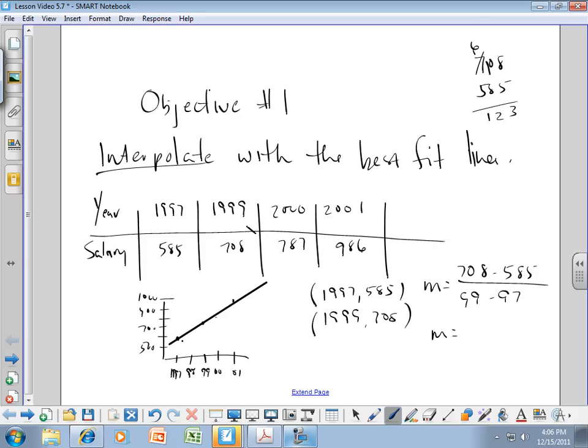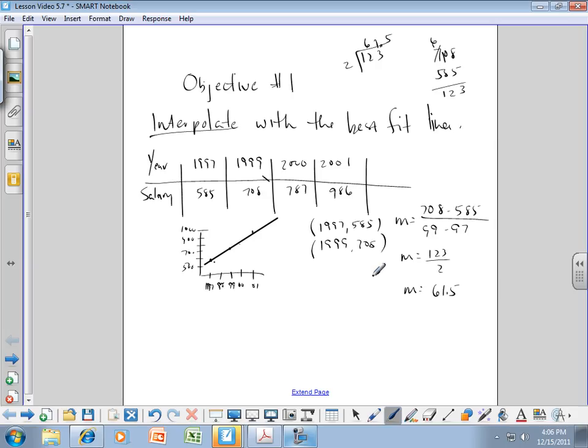Maybe you've forgotten that. That would be 123 over 2. Let's go ahead and divide that out. Again, this is something that's called division. All right? We could call the slope 61.5, and I think it's okay that we use a decimal here.